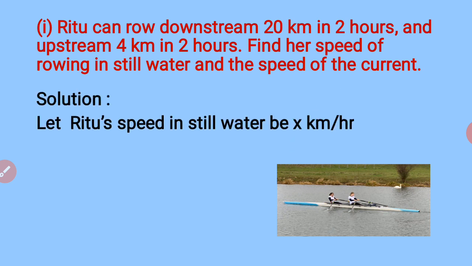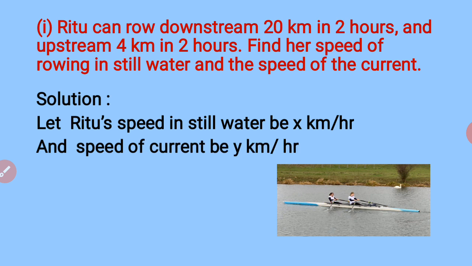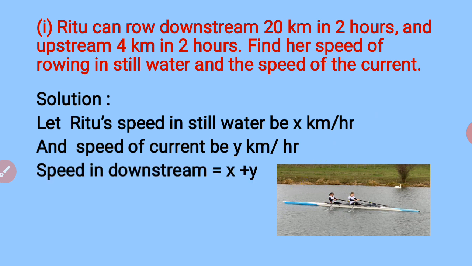Here, as we have to find out her speed while rowing in still water, we have kept it as x kilometer per hour. So let Ritu's speed in still water be x kilometer per hour. And we'll consider the speed of the current that we have to find out to be y kilometer per hour. Now, as told earlier, when Ritu is rowing downstream, the speed increases.